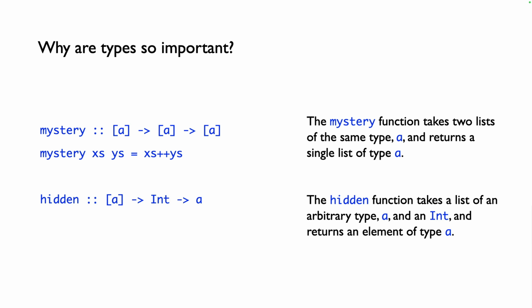What about this next one? We have a list of arbitrary type and an integer, and that returns a value of that arbitrary type. So for example, with a list of booleans we get back a boolean; with a list of characters, we get back a character. How can we use a list and an integer and get a value?